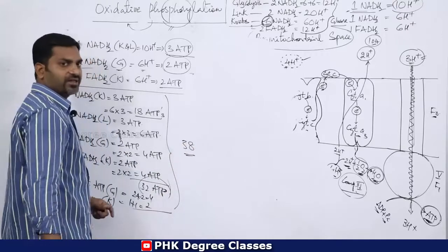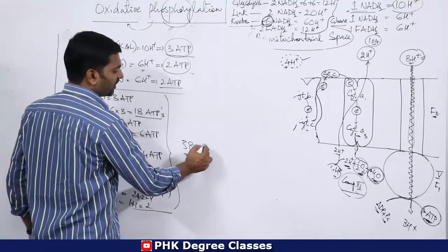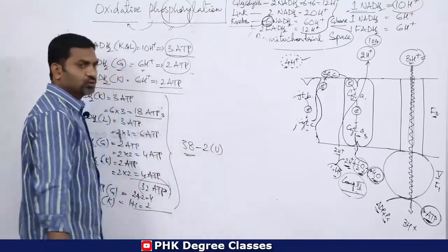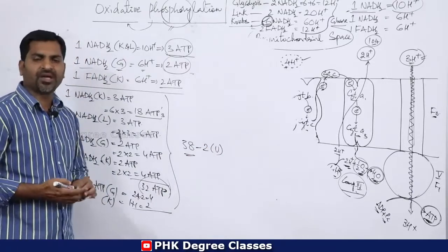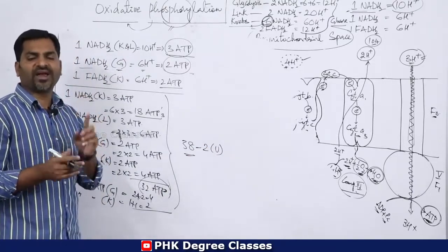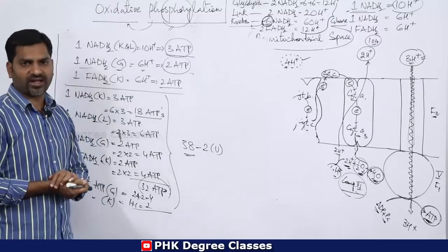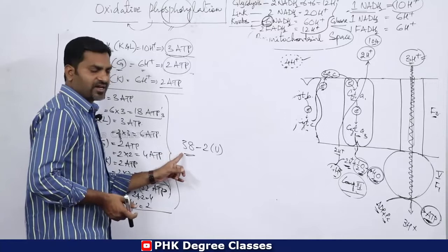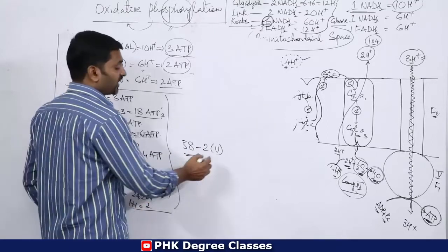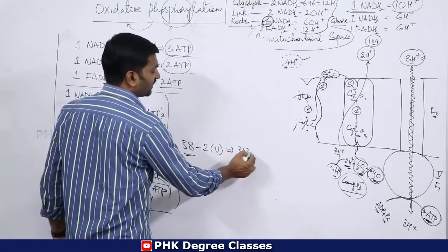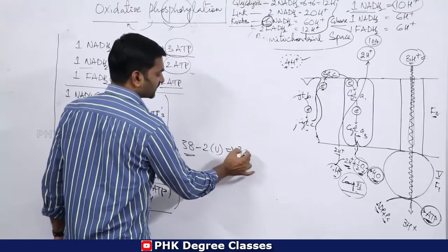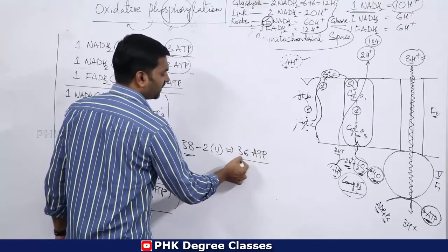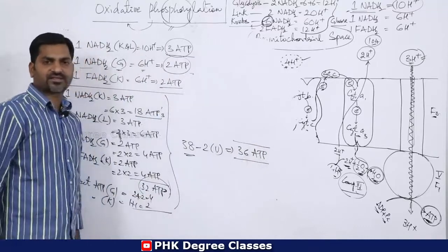Out of 38, 2 ATPs are utilized in the glycolytic pathway at the previous steps. The total number is 38, 2 are utilized, then the net ATP number will be 36 ATPs.